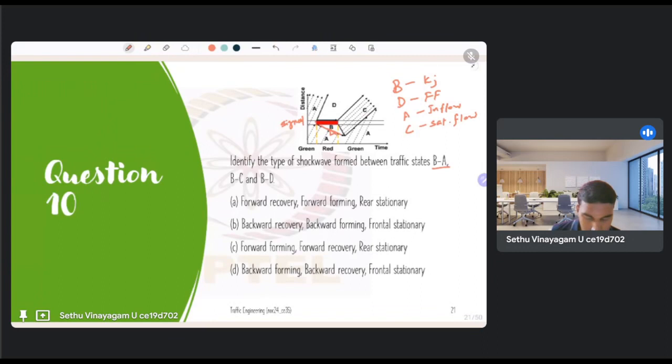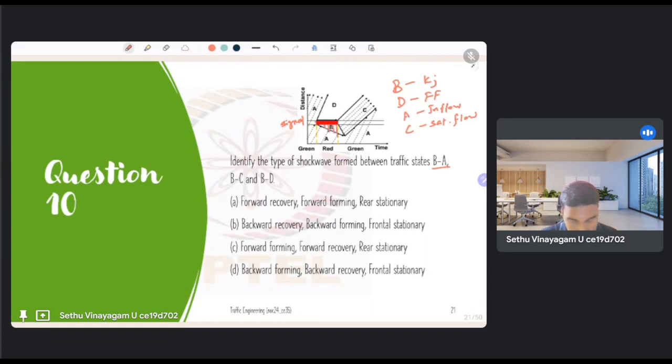We want to find whether it's a backward forming or a backward recovery shock wave. As the shock propagates farther back, the queue becomes larger and larger. The queue length is the vertical distance from the signal to the shock wave.